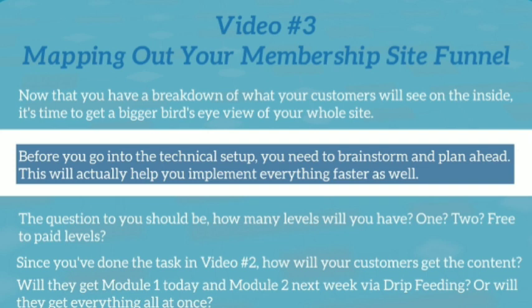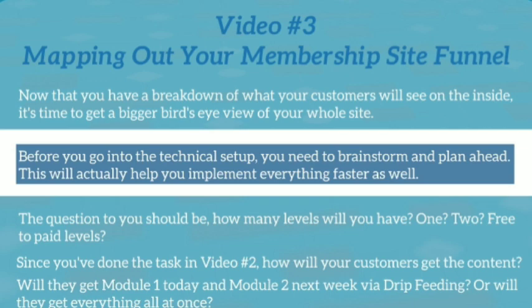You can have module 1 on one day, module 2 next week, module 3 the next week. Or you can do something like module 1 the first 2 days, module 2 the second 2 days, and so forth. So really what it comes down to is you can specify how you want it to be drip fed. Or will everybody get everything all at once?